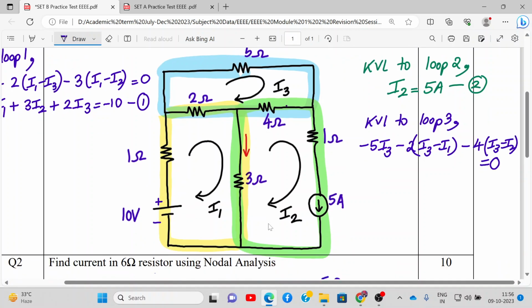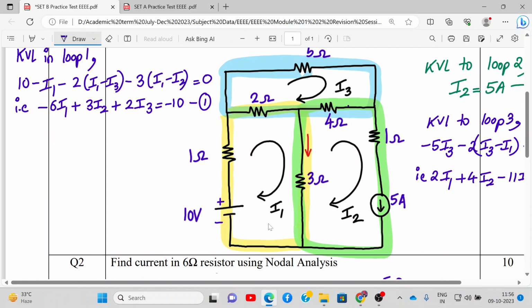So here I will write it as twice I1 plus 4 times I2 minus 11 I3 is equal to 0.